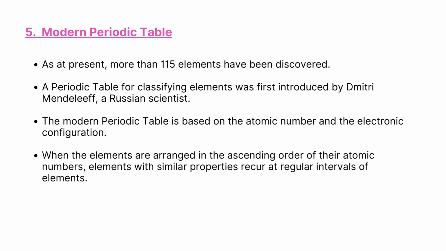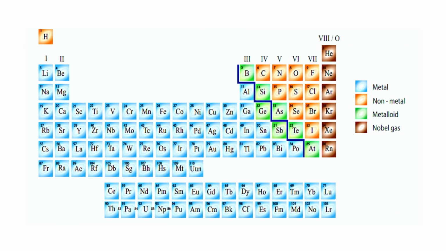You all know very well how to write electronic configuration for elements. Now I will show you a basic structure of a periodic table. This is a very simple form of periodic table that you will be using for your level. In this periodic table you will notice that there are certain patterns and similarities.